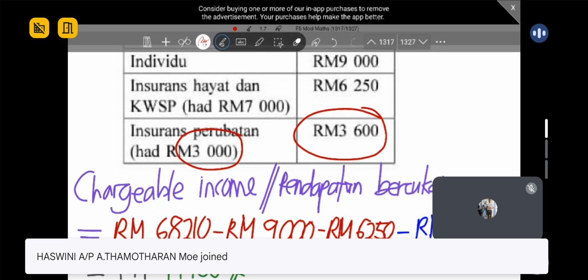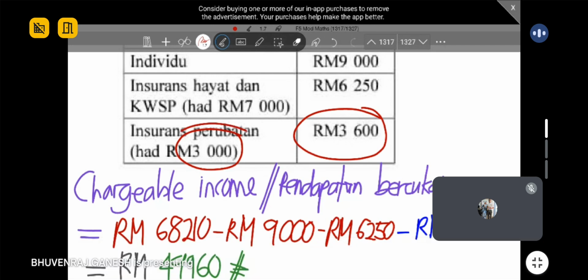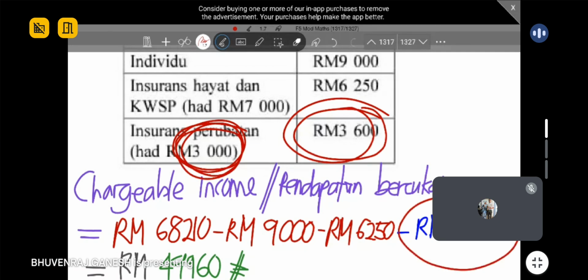Dia lebih besar. So, guys, you have to use 3,000 in your calculation. Remember, jangan guna nilai ni. Don't use this value because your limit here is already max 3,000. So if you use 3,600, you're wrong already. Salah. Because it already exceeds the limit. Dah melebihi had. So that's why we use 3,000.